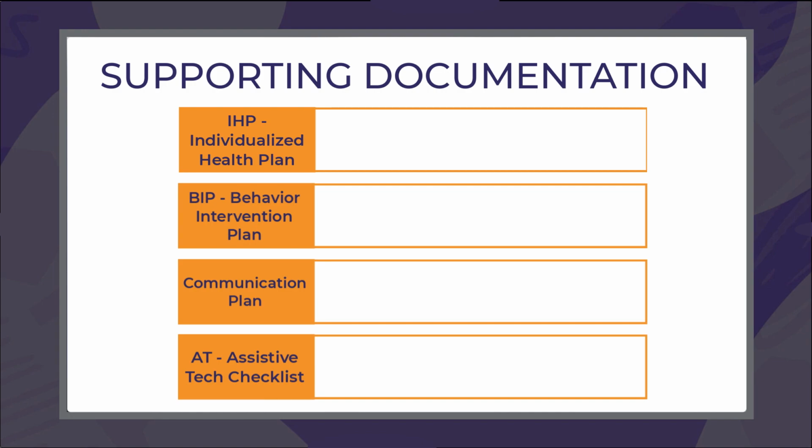These supporting documents are based on the student's unique needs, but the Individualized Health Plan, or IHP, is typically developed by the school nurse in collaboration with that IEP team, as well as the student's physician. And this plan outlines specific healthcare guidance for that individual student.